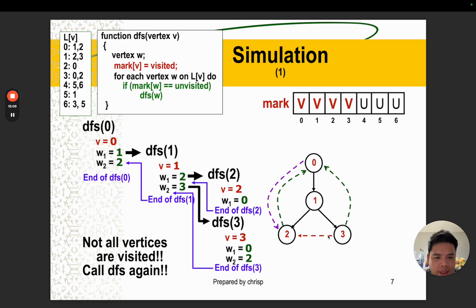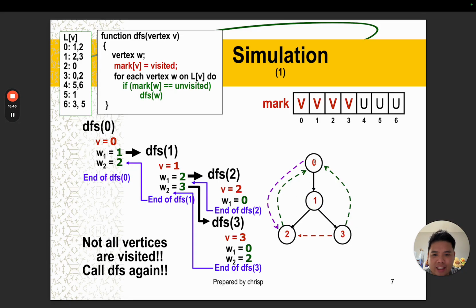You will notice that there are broken arrows coming from different vertices. What are these? These are basically arcs going from 0 to 2. These represent adjacent arcs. From 0, I have adjacency with 1 and 2, so I have an arc from 0 to 1 and 0 to 2.